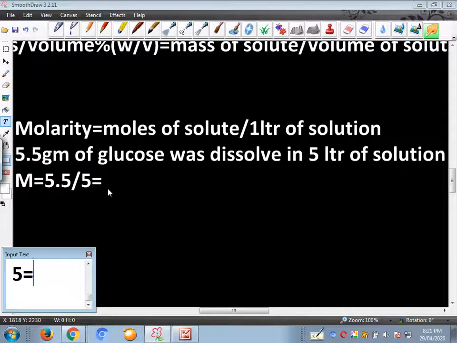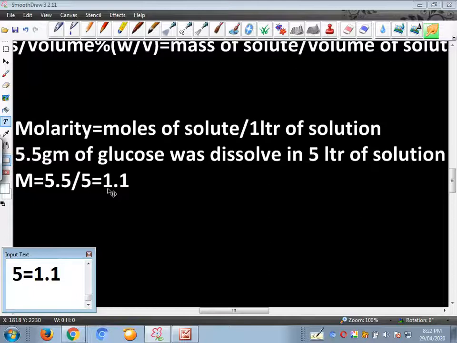Directly 5.5 you have to divide by 5. That is nearly equal to 1.1 molarity. That means if I dissolve 5.5 grams of glucose in 5 liter of solution, the molarity of the solution will be 1.1.